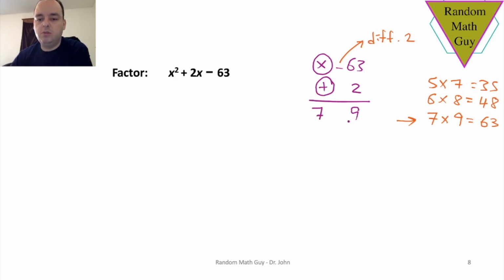However, one of these numbers must be negative. So it looks like the 7 is negative, because the 9 must be positive since it's the greater of the two numbers and the sum here is positive 2. Let's take this trinomial and decompose it as follows. I'm going to put the minus 7 first, and then I'll put the positive 9 as the coefficient after.